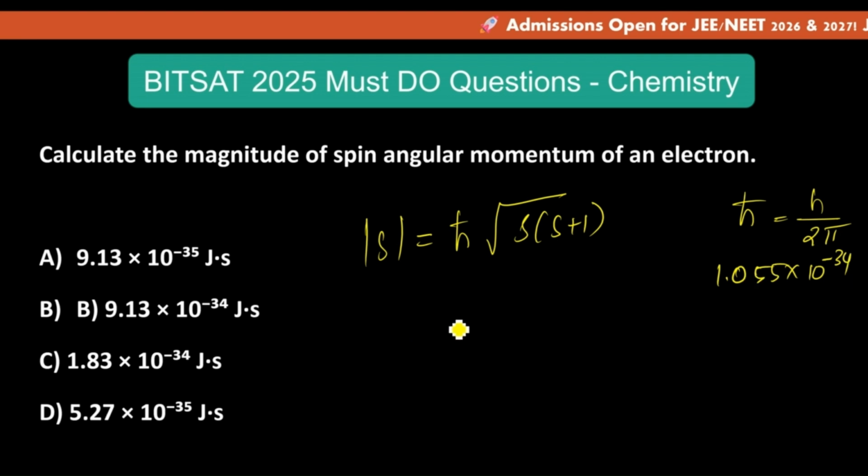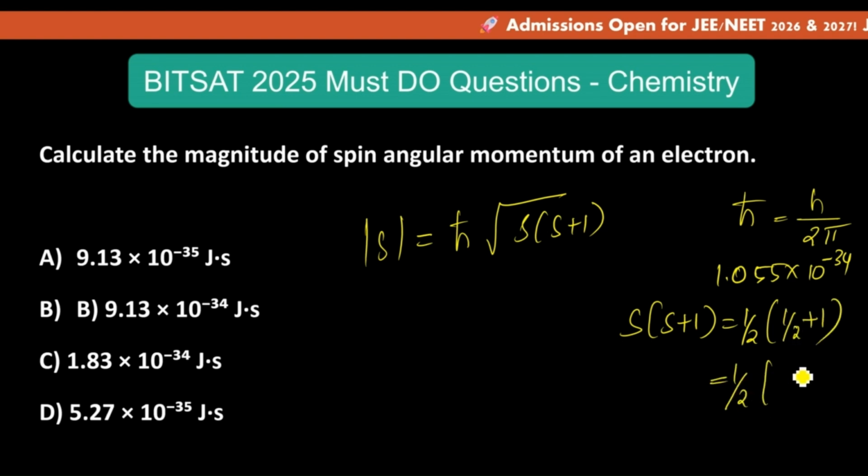Calculating S into (S plus 1), I'm just substituting the value: 1 by 2 into (1 by 2 plus 1), which is equal to 3 by 2, that is 3 by 4. So root of 3 by 4, which is h by 2π, or you can put the value as well.